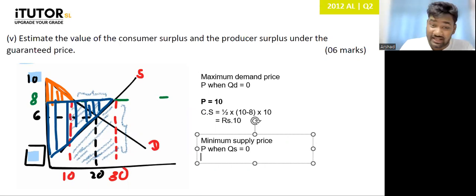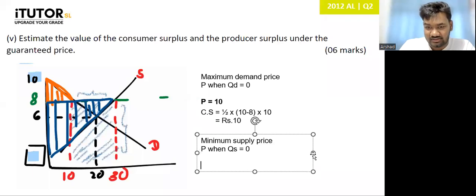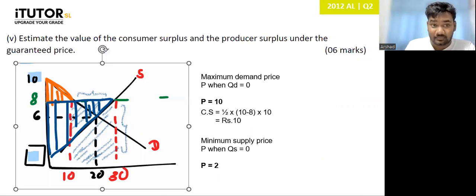So you take the QS equation, put 0 for QS, and you find the price. How much do you all get? P equals 2. So then this one becomes 2 over here.